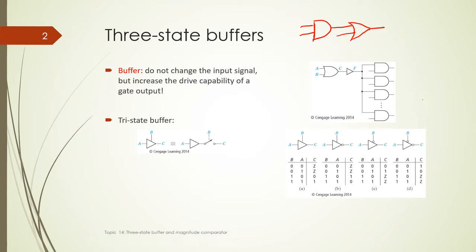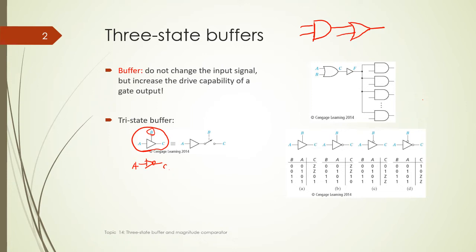So here is a symbol for the tri-state buffer. For a regular buffer, you have one input and one output. A very similar device is the inverter, if you remember. But in this device we have an extra input, which is a control input, B. So you can think of B as a switch.